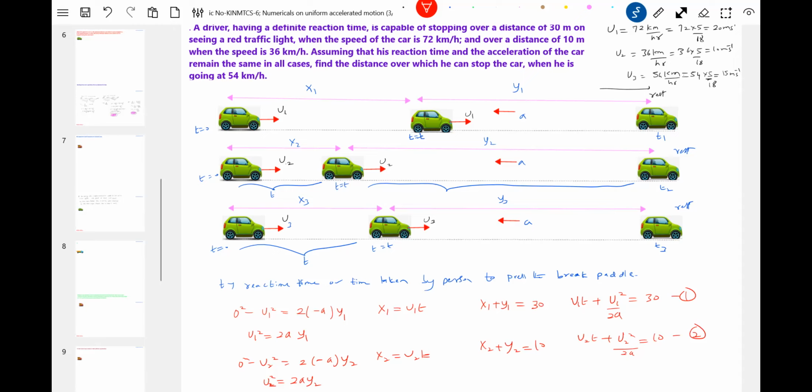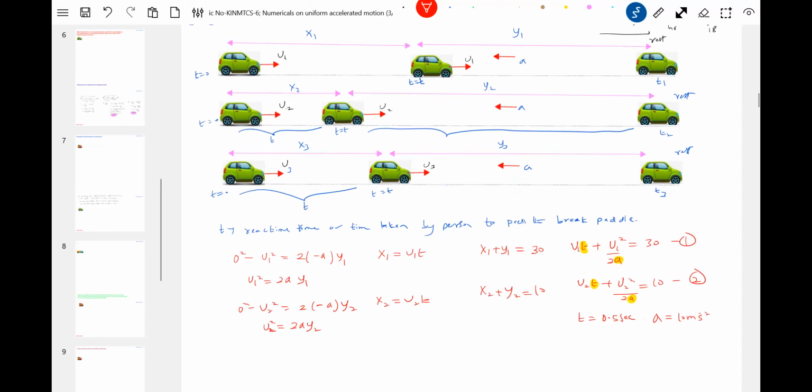U2 square by 2A. Solving these two, what are the unknown things? T and A. Carefully look at this. Can we solve these equations? We know U1 and U2. Solving this, I'll get the reaction time as 0.5 seconds. What about the retardation? The retardation was equal to 10 meter per second square.